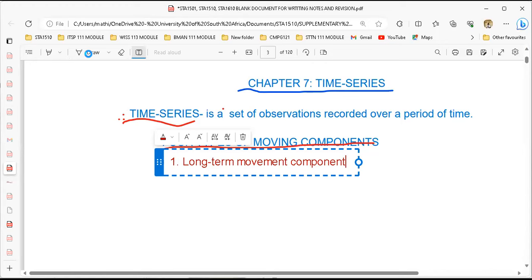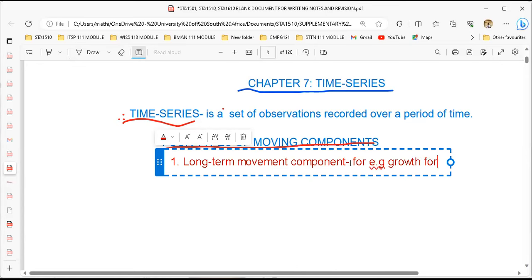We can talk about growth for the human population.